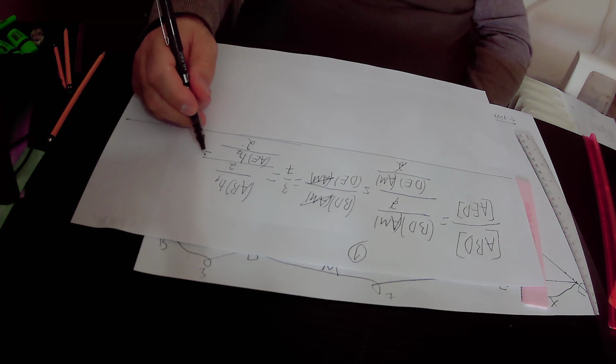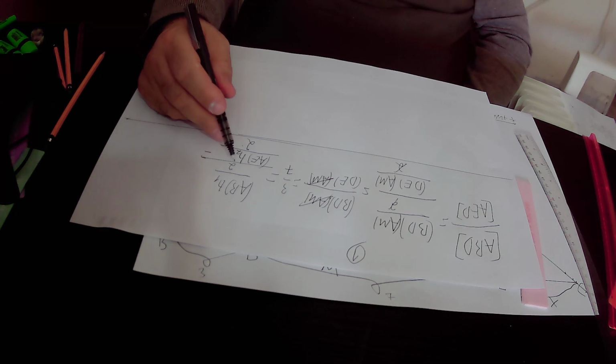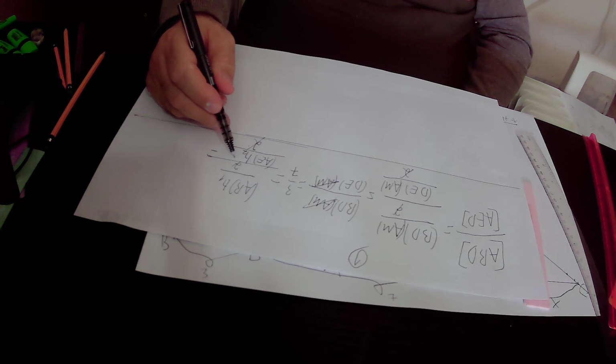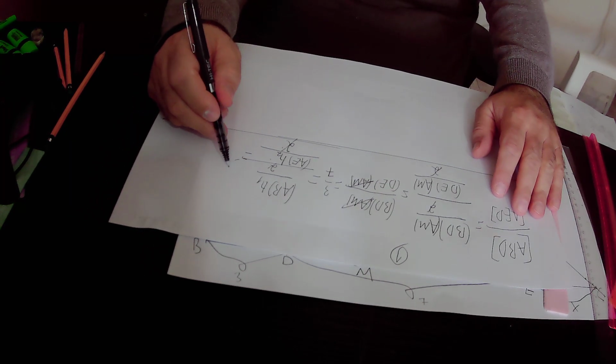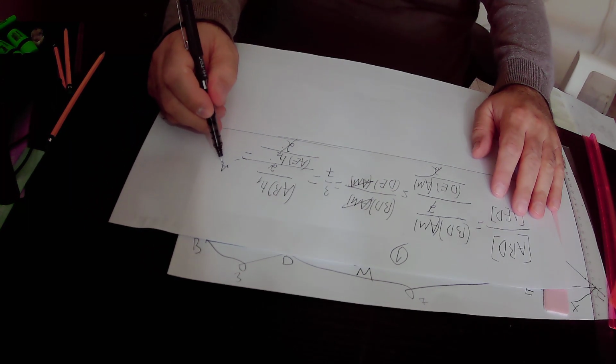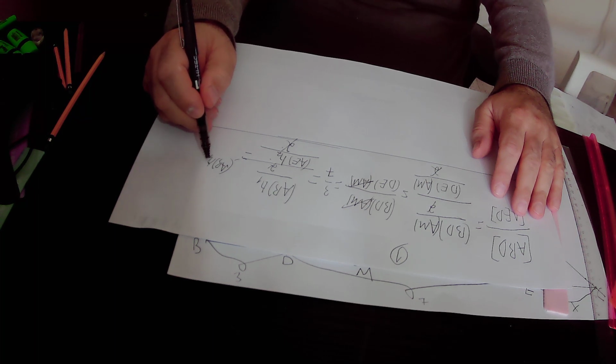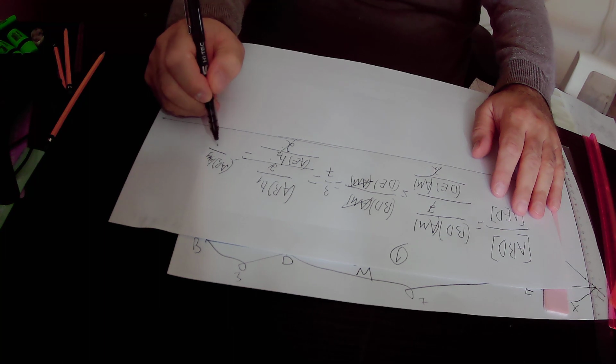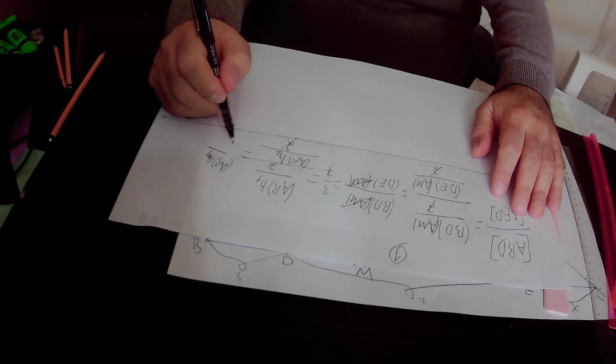So here we have 2 in the numerator and 2 in the denominator, so the 2 gets cancelled. What is left after we cancel 2? What is left is AB times H1 over AE times H2.